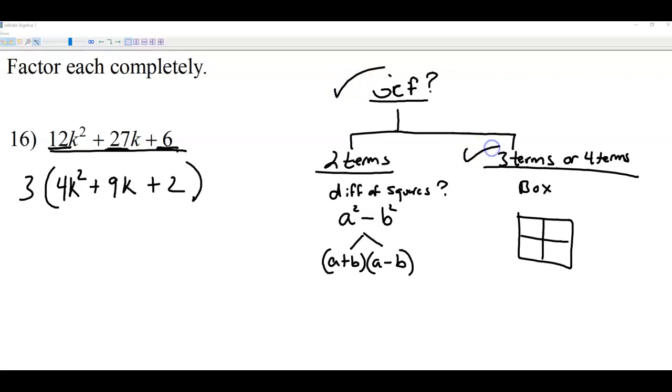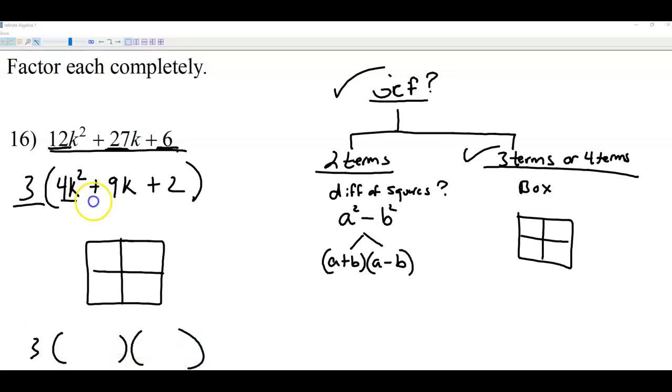Now since there's 3 terms, I'm going to go with the box method. After I do the box method, we're still going to have our GCF, and the trinomial will be split up into 2 binomials. So how do we do the box method again? The first term goes in the top left box.